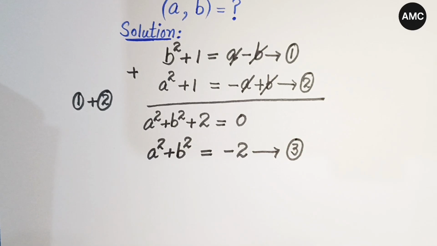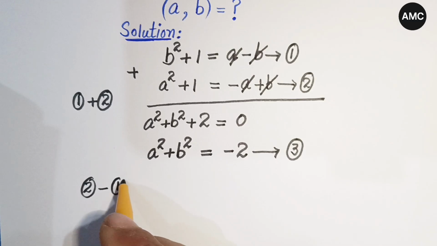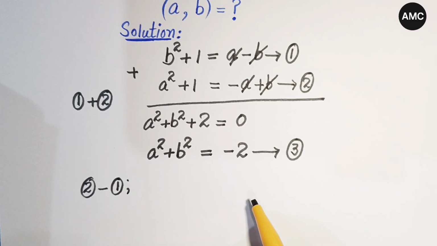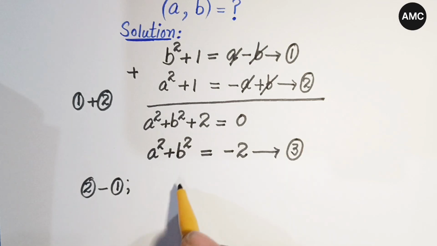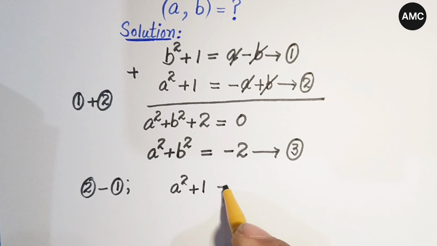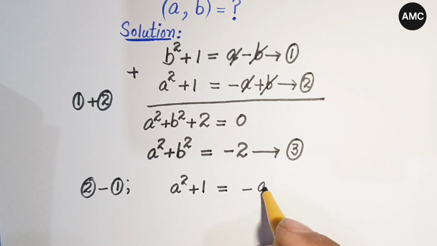Now if we subtract equation 2 and equation 1, subtracting equation 2 and 1, we write here a squared plus 1 is equal to minus a plus b.